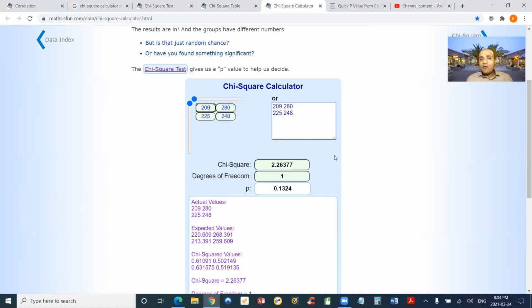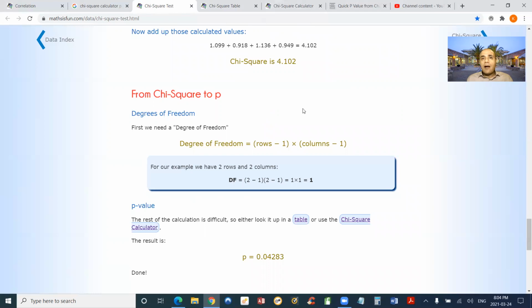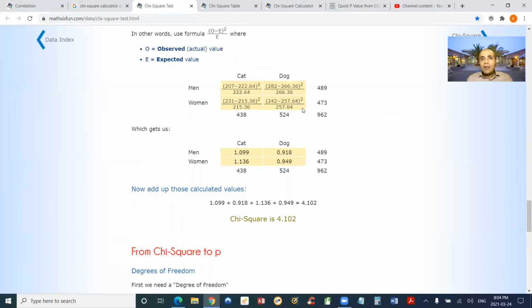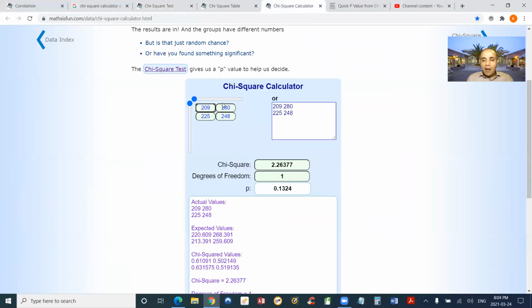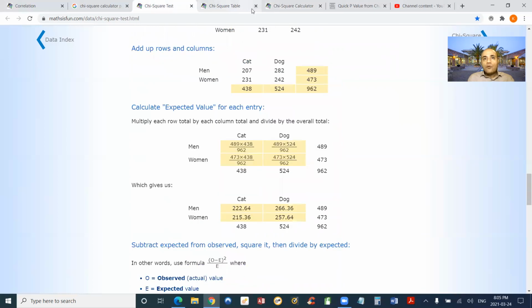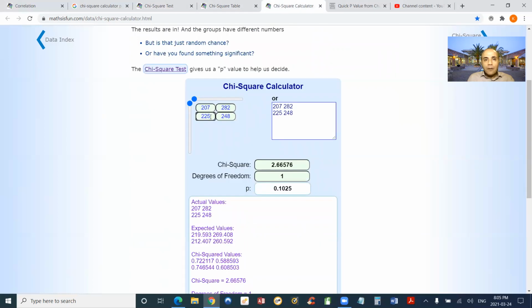If you wanted to make it even better, you could potentially go here and actually punch in the 2x2 matrix that you have found. So in this case, I'm going to punch in 2.07, 282, 231, 231, and 242.